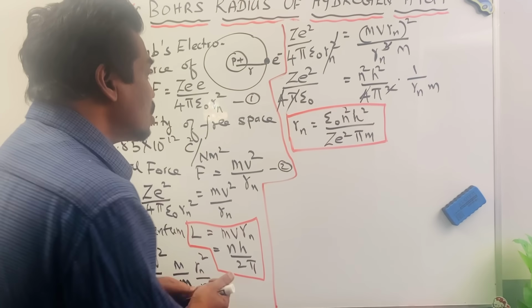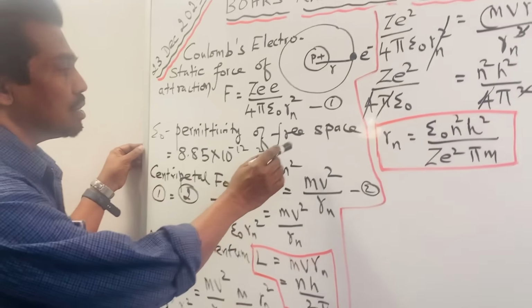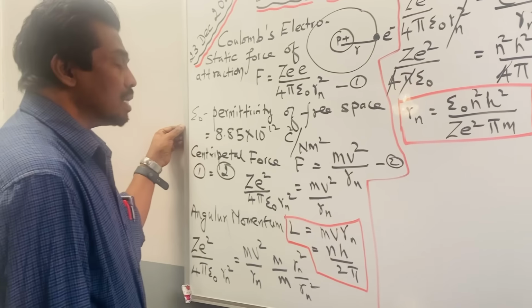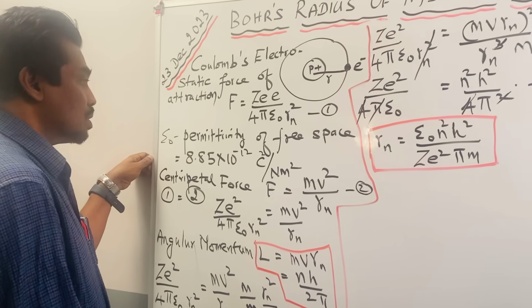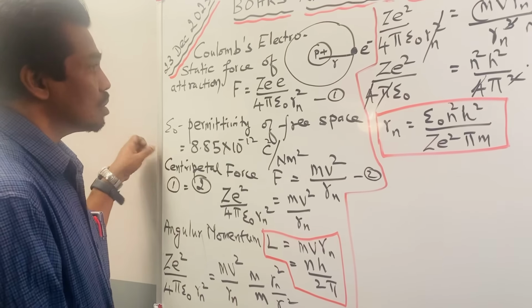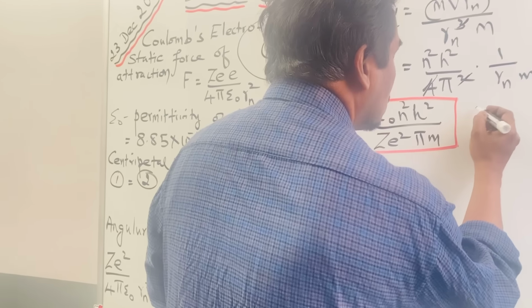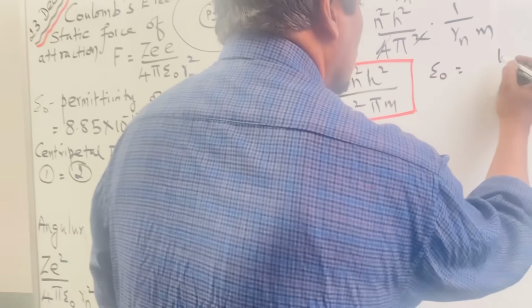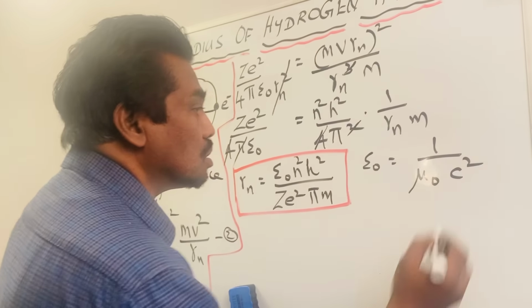So epsilon 0 is the permittivity of free space, which deals with the ability of electric fields to go into the classical vacuum. The permittivity of free space epsilon 0 can be calculated by 1 over mu 0 c square.